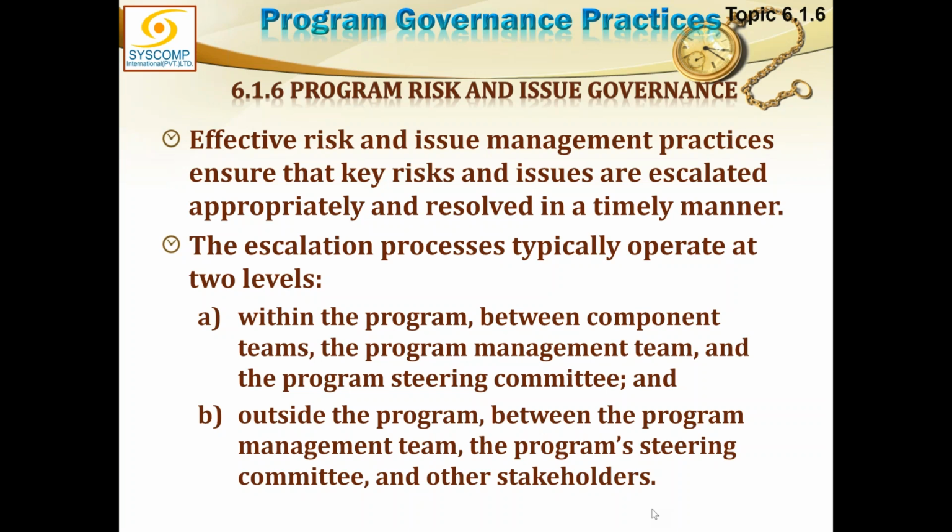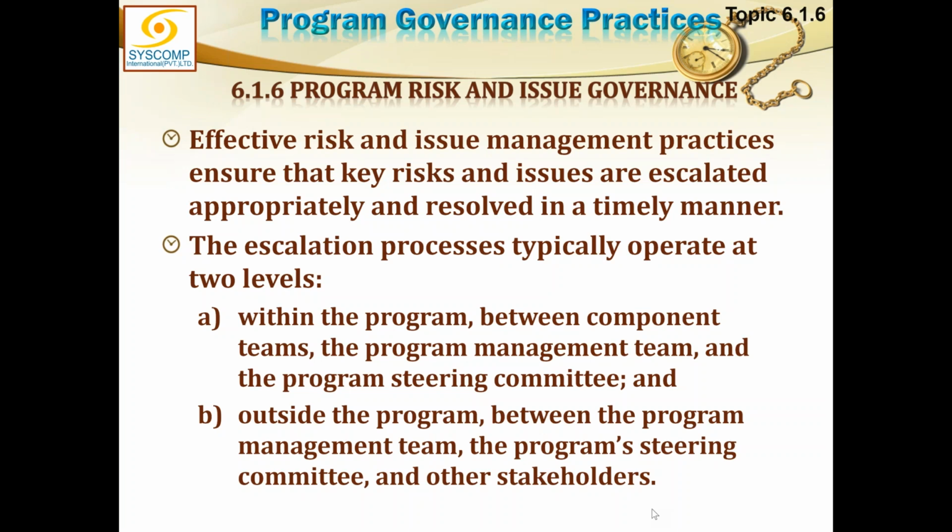The escalation process typically operates at two levels. One is within the program and the other is outside of the program. Because we are not concerned about the project, if it could not be resolved, it is already escalated to me, the program manager. So within the program, it is between the component teams, the program management team and the program steering committee, all the escalation path existing within them is what is within the program.